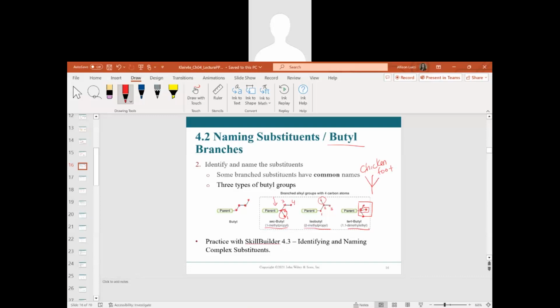And then on that 2-carbon ethyl group, we have on the carbon 1, 2 methyl groups. So we call this a 1,1-dimethyl ethyl. So if you're ever in doubt, if you have a sec-butyl, isobutyl, or tert-butyl, you can name the substituents as IUPAC rules go, and that will differentiate the 1-methylpropyl, 2-methylpropyl, or 1,1-dimethyl ethyl.